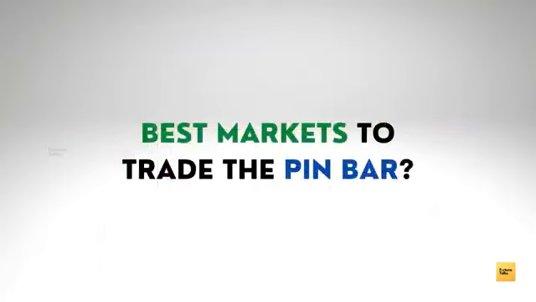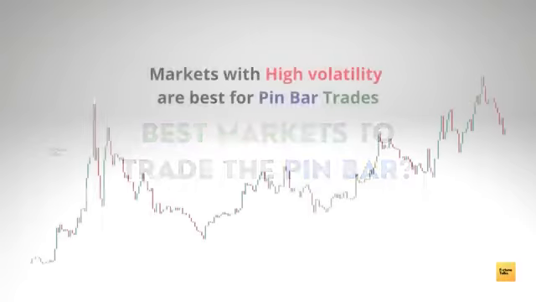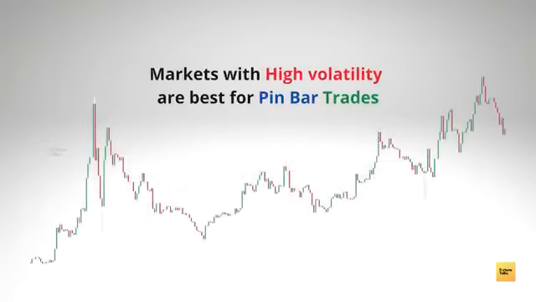Moving on, let us find out which are the best markets to trade the pin bar. Now, the best markets to trade pin bar strategy are markets where the price has a solid amount of volatility, or the markets with a high volatility. The more the price movement and volatility, the more opportunities you will have to trade the pin bar, and also the bigger potential for large winning trades.